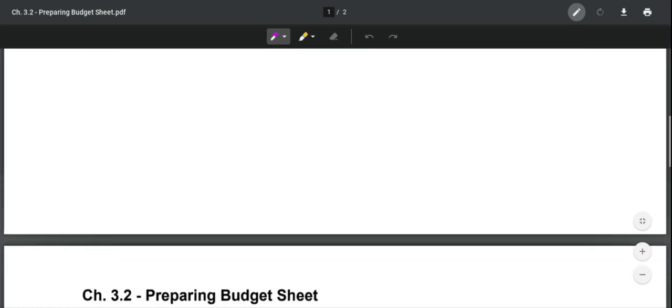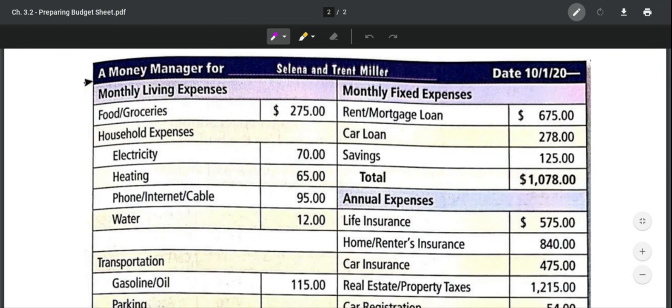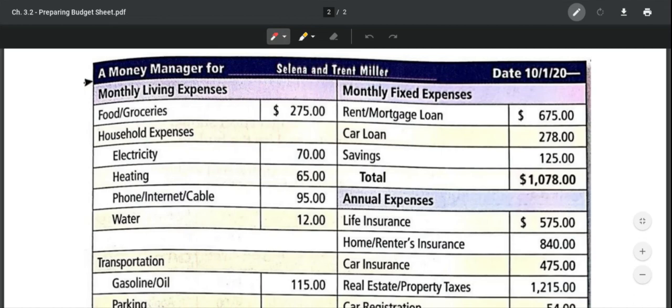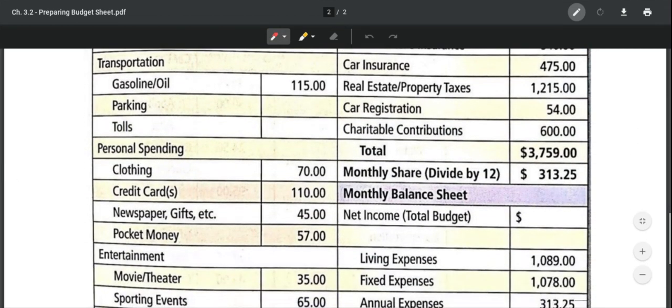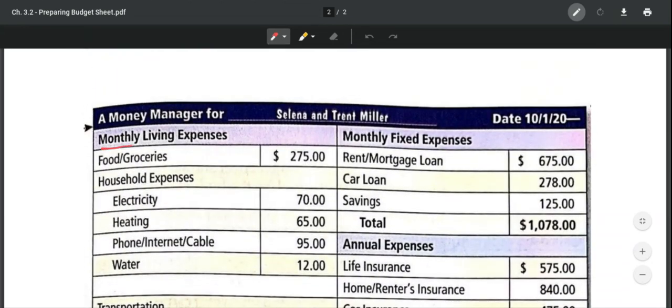So now let's look at an example of an actual budgeting sheet. When you're creating yours, you would want it to look similar to this. You would want to know your monthly living expenses. That could be groceries, your bills.